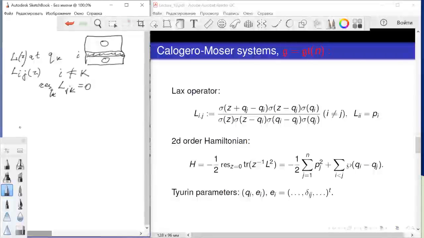Now consider i equal to k and j not equal to k. So we consider an entry of this row except for the diagonal one.